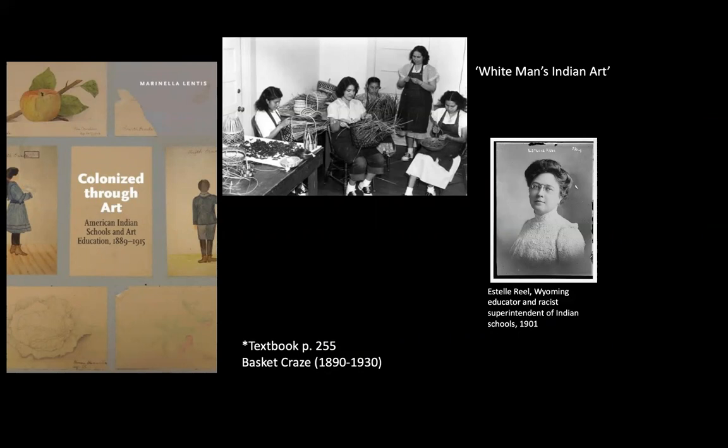Of course, encouraging art making in Indian boarding schools killed two birds with one stone. It turned the children into productive capitalists, and it saved the United States national soul.